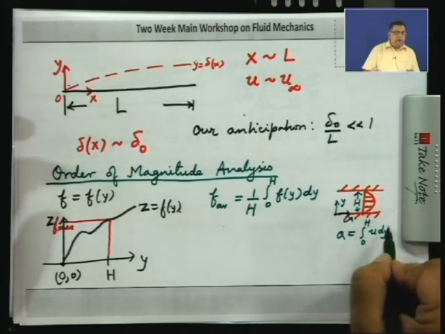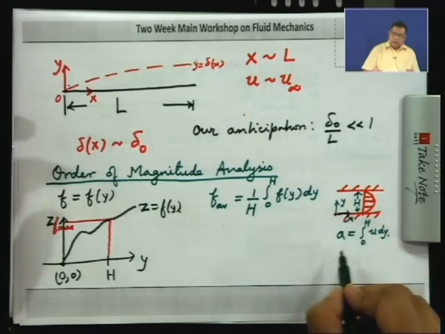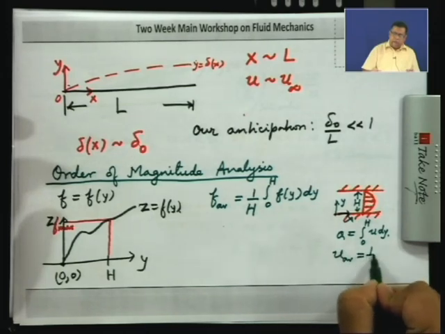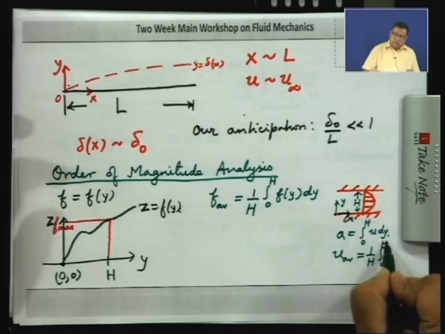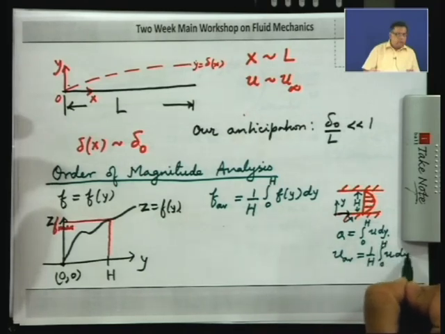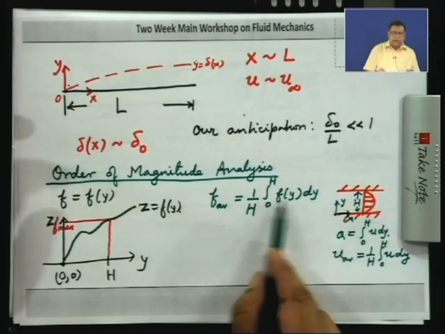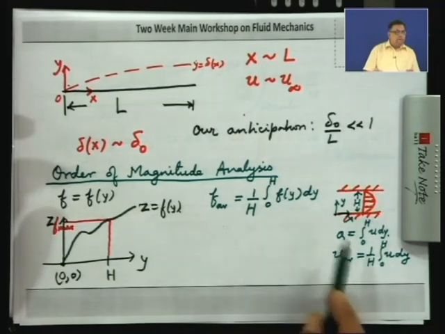This is the volume flow rate per unit depth in the z direction. Now, if you want the average value, it will be 1 upon the area, which is h times 1, into integral 0 to h u dy. So, compare this with the expression which I wrote over here. This is for any general function, you see it has the same form.